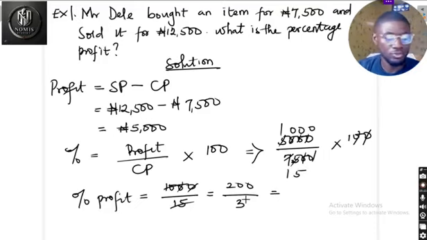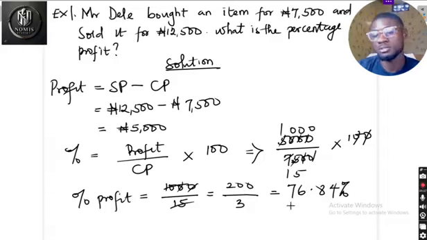So if I divide 200 by 3, I will have 66.67%. So the percentage of the profit is 66.67%. So let's take example number 2.